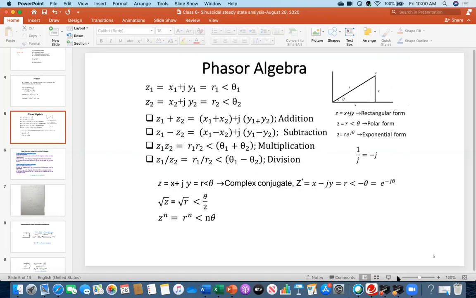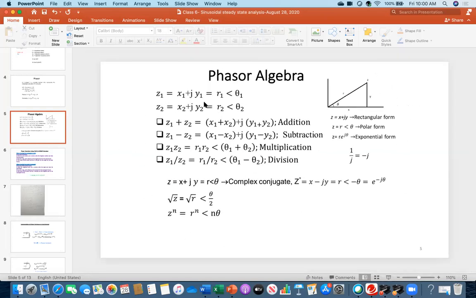Therefore, everybody look, I have written for you, for example, a complex number Z1 equals x1 plus jy1, which is r1 at angle theta 1. You have another number Z2, and then I am doing addition, subtraction, multiplication, and division.